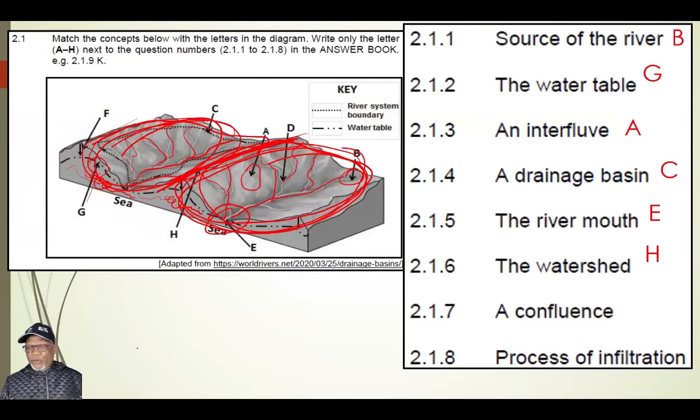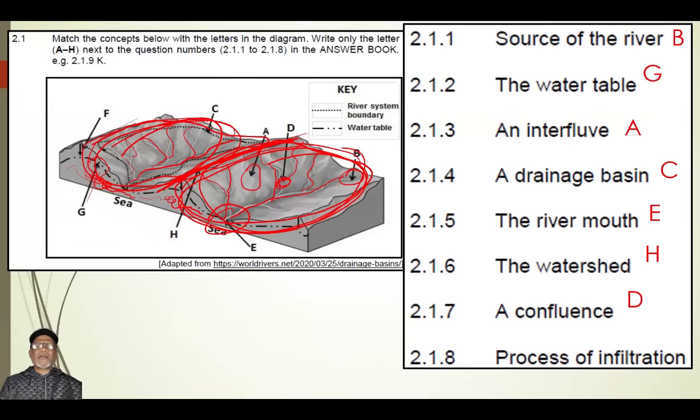Then we have a confluence. What is a confluence? Confluence is at D. This is our D. So a confluence is where two streams join. It can be a mainstream and a tributary, or a tributary joining the mainstream, or it can be where two tributaries are joining each other.